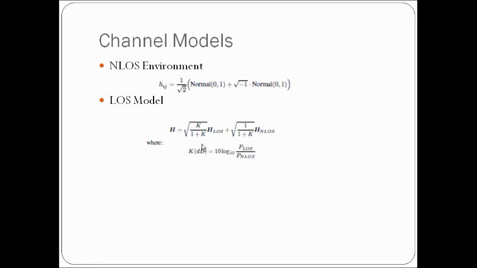A smaller fade margin is required for a greater K factor in case of SISO systems, and for a greater K factor H_LOS will be more dominant and H_NLOS will be less dominant in case of MIMO systems. But it has been proven via experimentation that LOS does not often dominate.